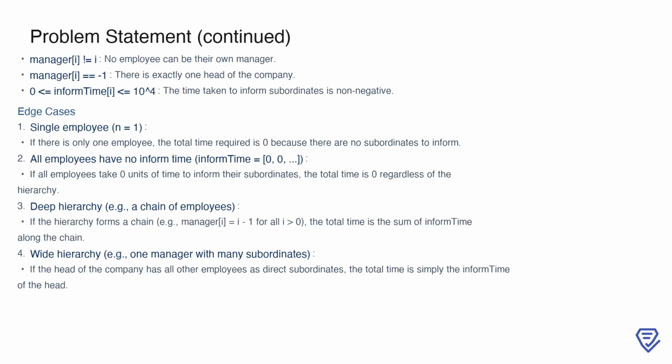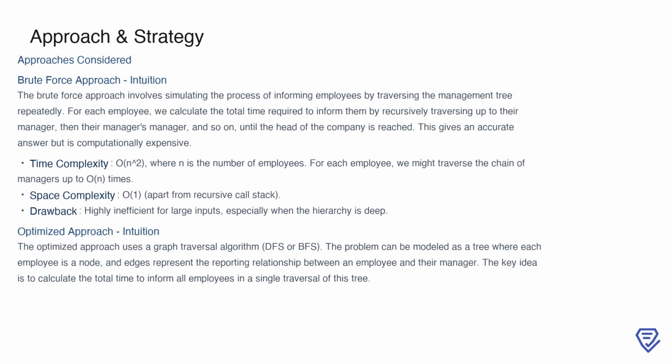To solve this problem, we first consider a brute force approach. The intuition here is to simulate the process of informing employees by repeatedly traversing the management hierarchy. For each employee, we calculate the total time it takes to inform them by recursively moving up the chain, starting from their direct manager, then their manager's manager, and so on, until we reach the head of the company.